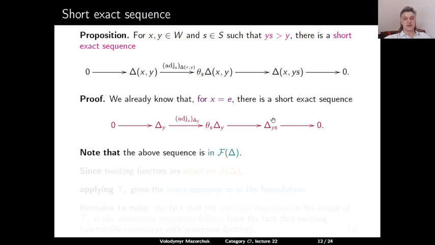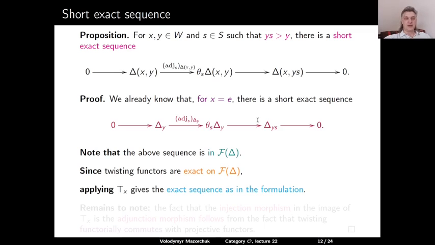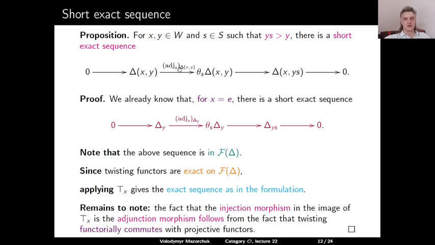And this sequence is of course a sequence of modules with Verma flag, and since twisting functors are exact on modules with Verma flag, we can apply T_x to the sequence and get exactly the sequence from the formulation. So one only has to note that since twisting functors commute with projective functors, applying T_x to the adjunction morphism evaluated at delta y, we will get exactly the adjunction morphism in the formulation of the proposition.